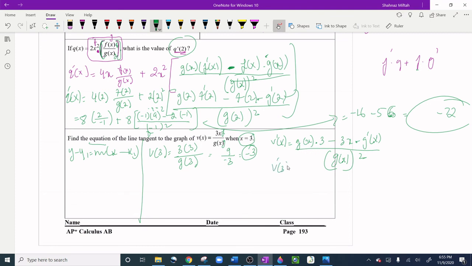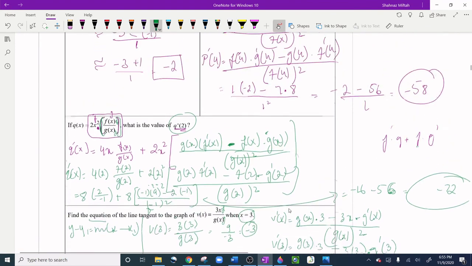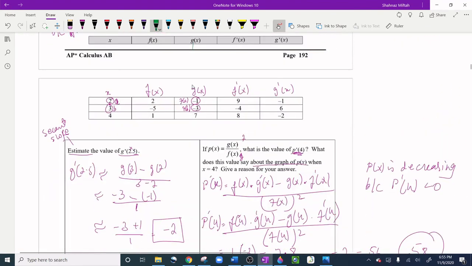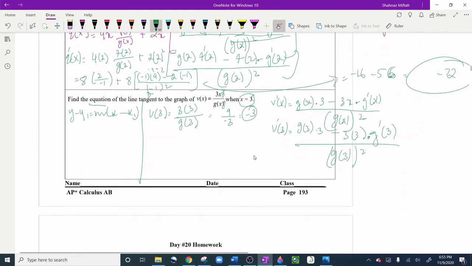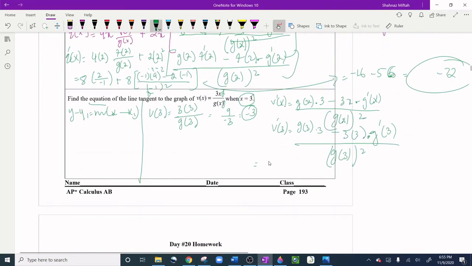V prime of 3: I got g of 3 here, times 3, minus 3 times g prime of 3, and in the bottom g of 3 whole squared. So what is g of 3? That's g, and 3 is -3. So g of 3 is -3. Let's try -3 times 3, which is going to give me -9.